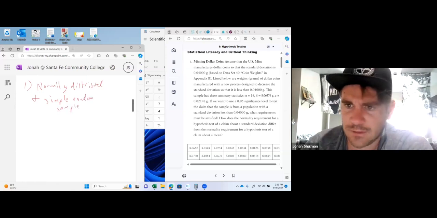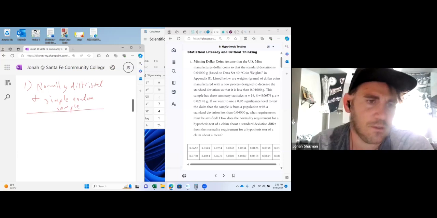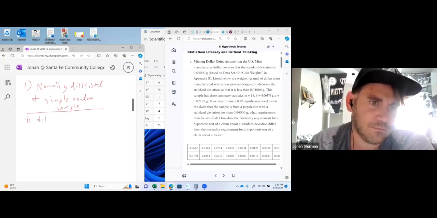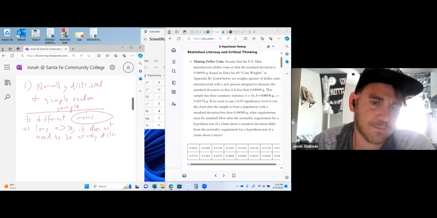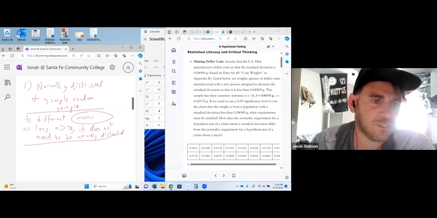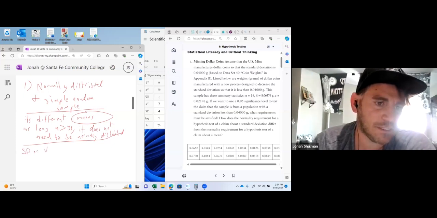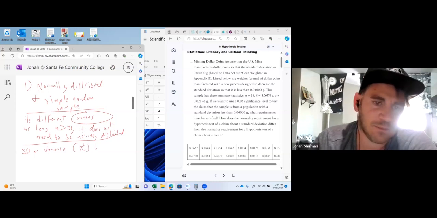Cool. And now they ask how this is different from the one about the mean. It's different because if you're working with means, as long as your n is bigger than 30, it does not need to be normal. However, if you're using something with standard deviation or variance, like in a chi-squared test, it has to be normal no matter what.